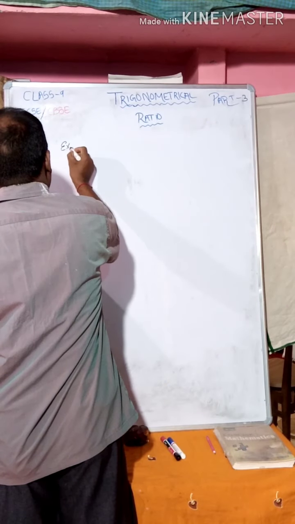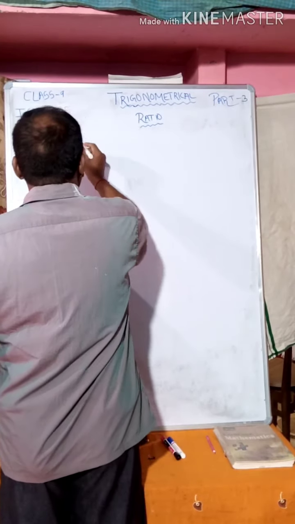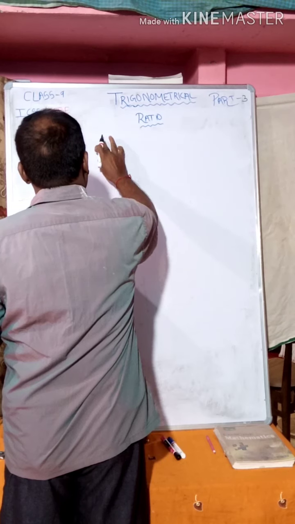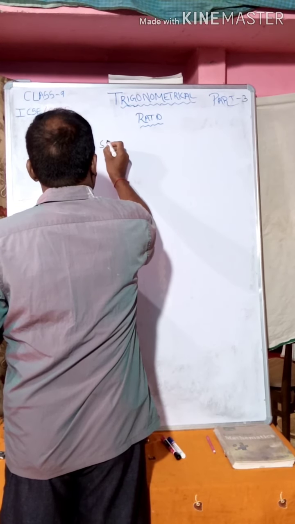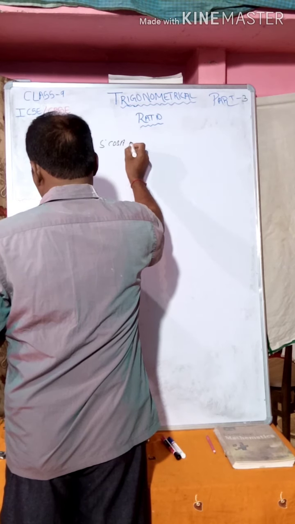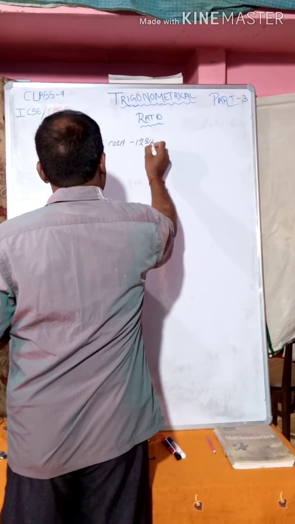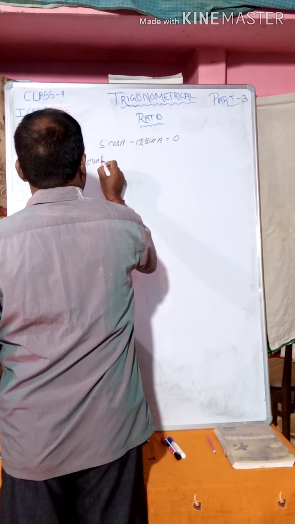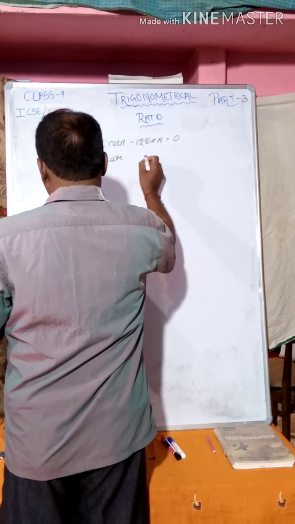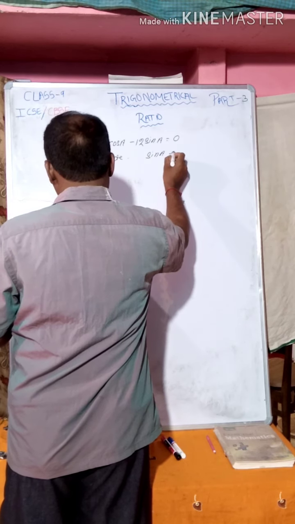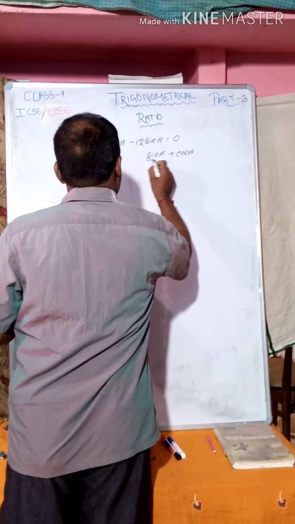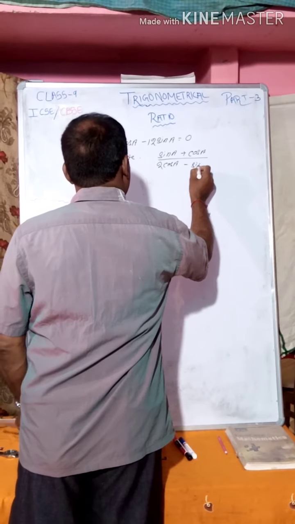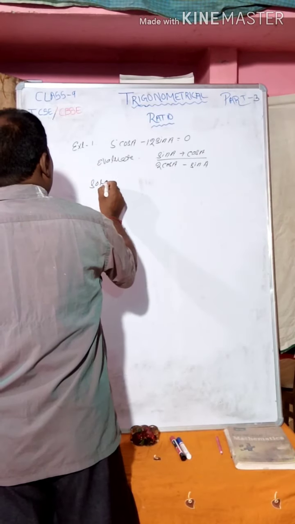Example 1. If 5 cos A minus 12 sin A is equal to 0, then evaluate sin A plus cos A upon 2 cos A minus sin A. Solution.